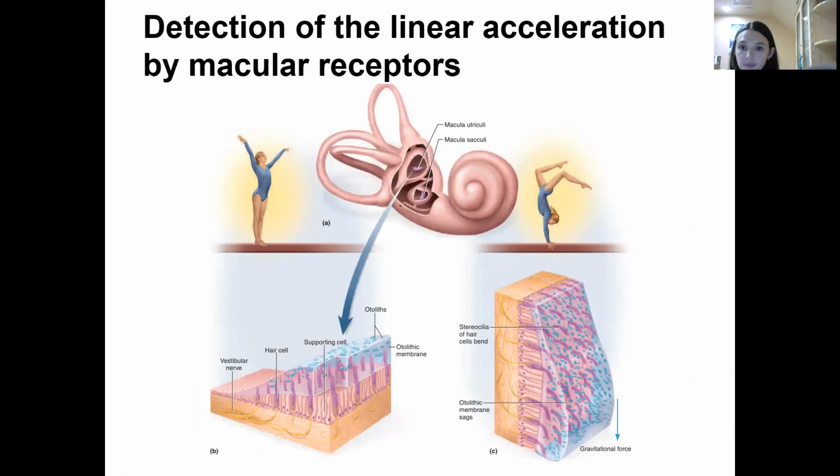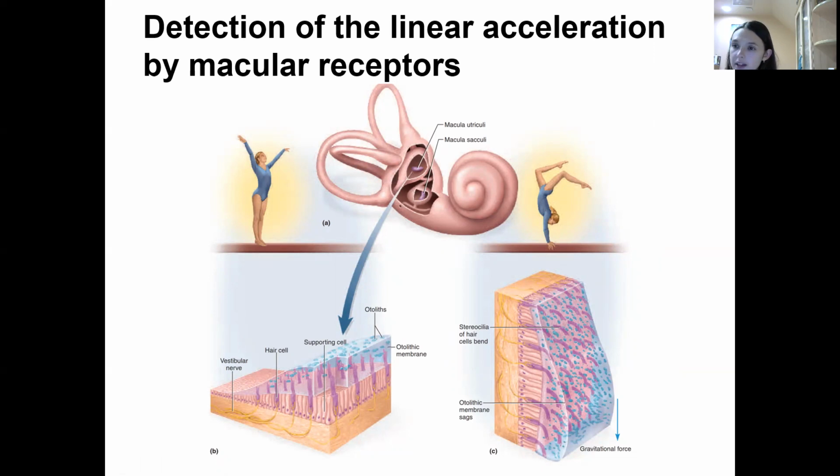So, the macula of the utricle and saccule detects vertical and horizontal acceleration. As a result, the otoliths located on top of the otolithic membrane push the membrane, which pushes the hair cells in the direction of the acceleration.